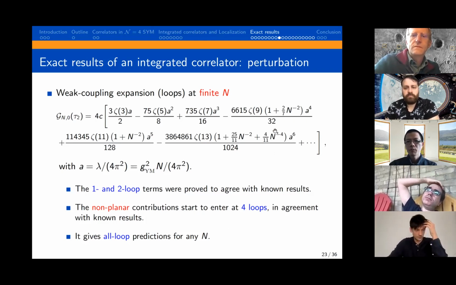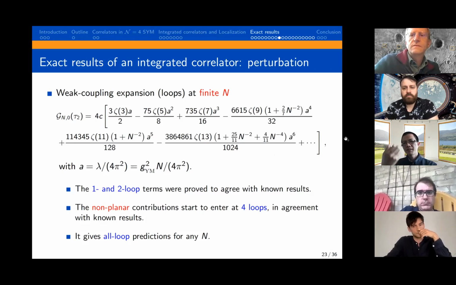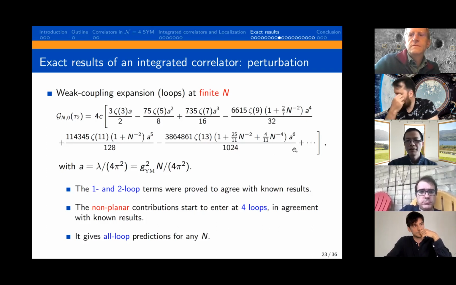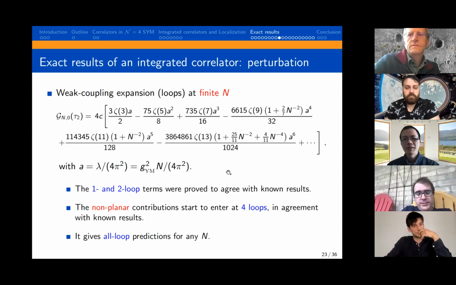Namely, the 1 over n to the 4 does not start here, but instead starts here, and again 1 over n to the 6 begins at 8 loops instead of 7 loops. Such a property was also observed by others when they computed the form factors. So this property is again in agreement.